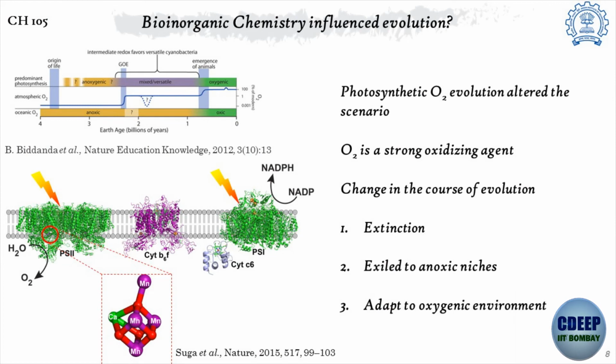So what was the effect of this oxygenation event? When the oxygen came into the biology, it was a very reducing atmosphere in the world. All the species that had evolved till that time were able to survive only in anaerobic conditions, not in oxygen. At that time oxygen, because it is a very strong oxidizing agent, acted as a poison to them.